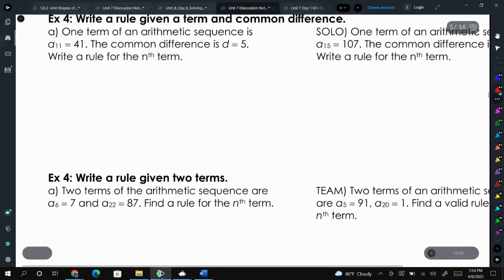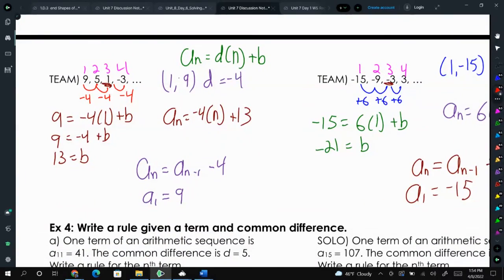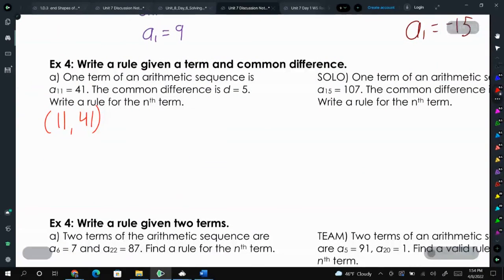Because the 11th term is 41. So like the point 11, 41 is on your graph, is in your sequence, as opposed up here our points with like 1 comma 9, 1 comma negative 15. This time it's 11 comma 41, and our common difference is 5.